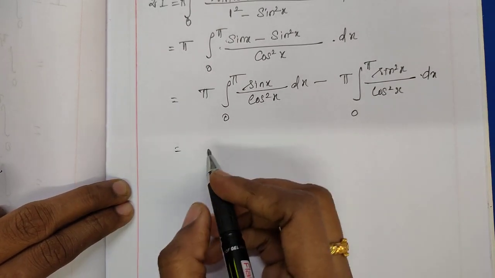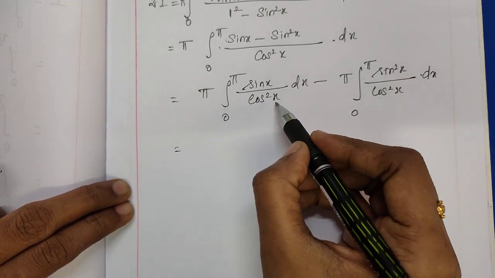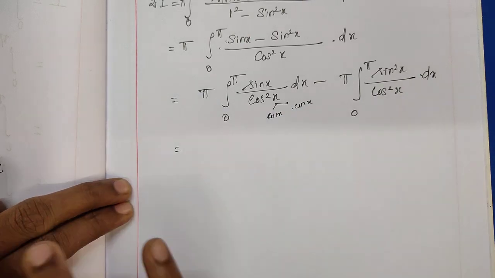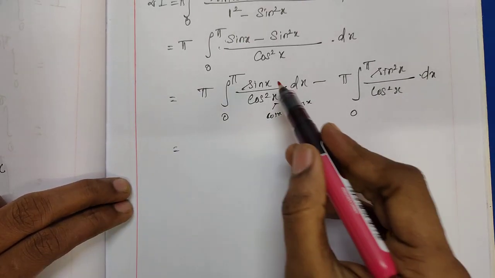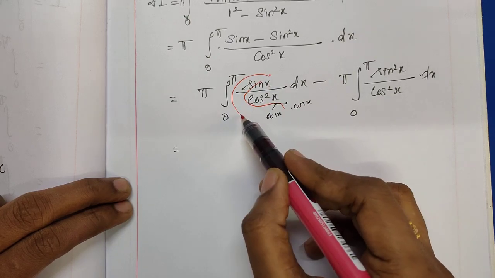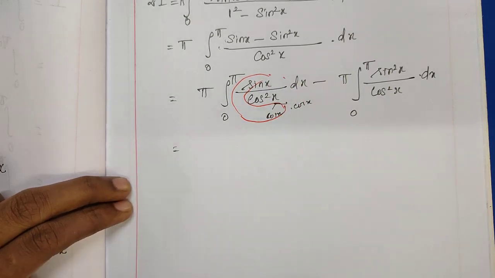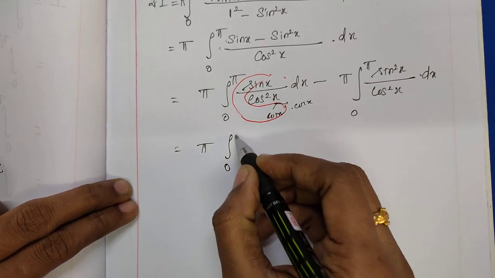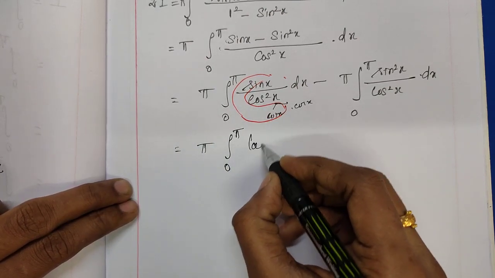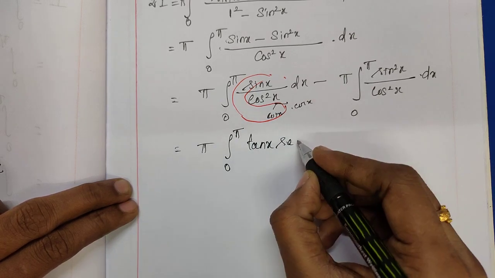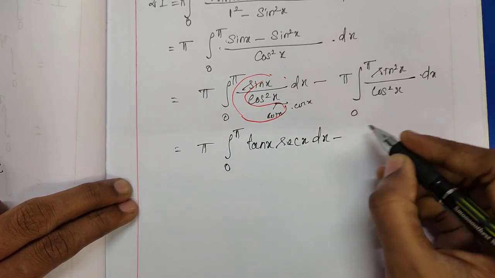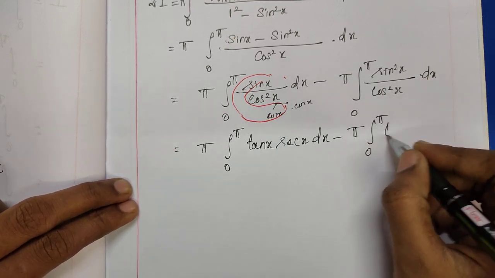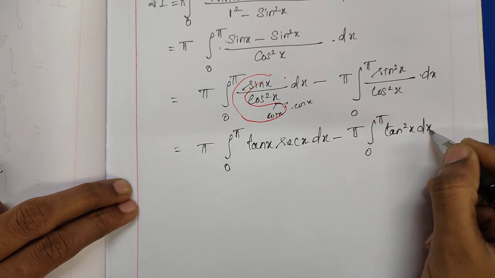This cos squared x can be written as cos x and cos x. Therefore sin by cos is tan x, and 1 by cos is secant x. So this is equal to pi times the integral from 0 to pi of tan x secant x dx, minus pi times the integral from 0 to pi of tan squared x dx.